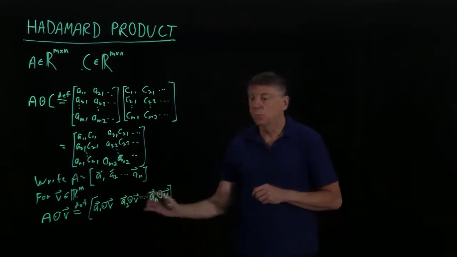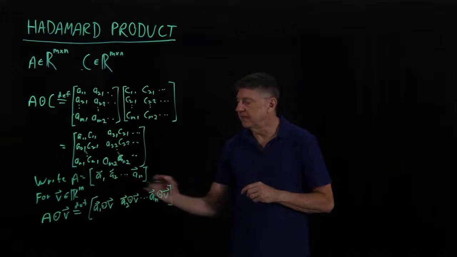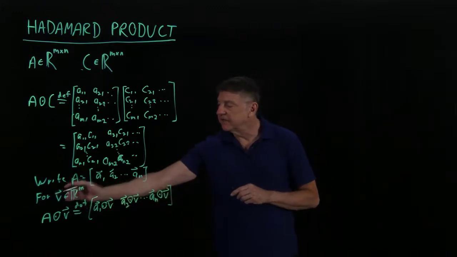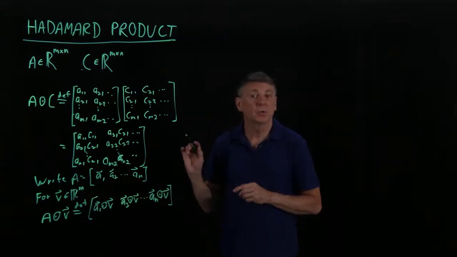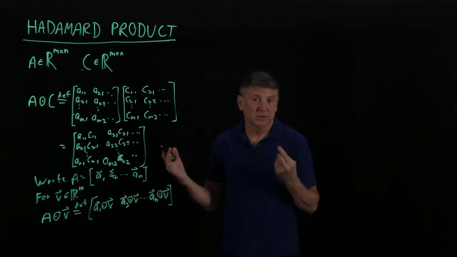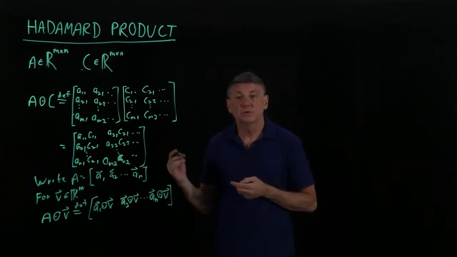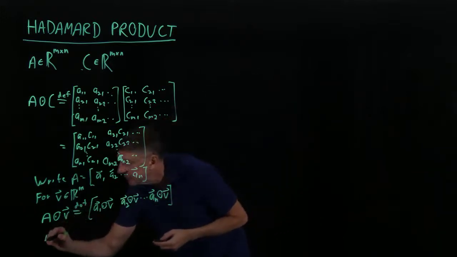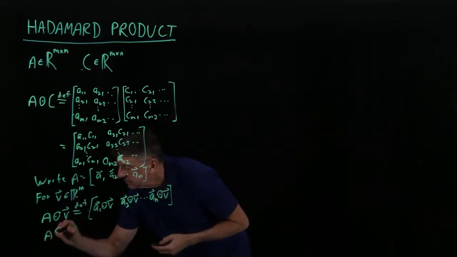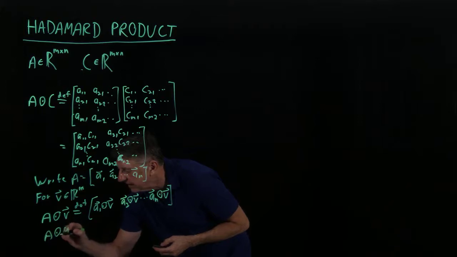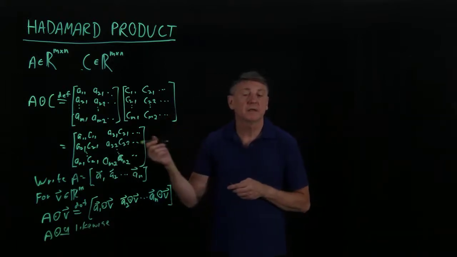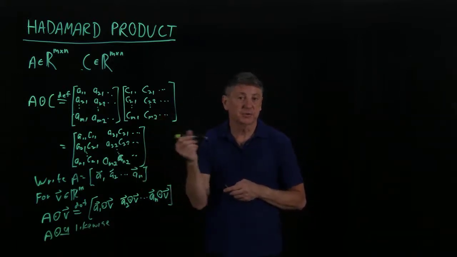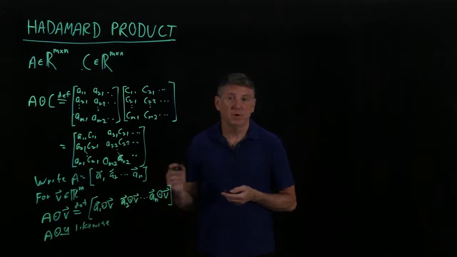And so we get the definition of the Hadamard product of a matrix and a vector just by doing it column-wise. And then likewise, we can also define a Hadamard product with a one-form, because what we would do is write the matrix A in terms of its rows and then perform the same operation.